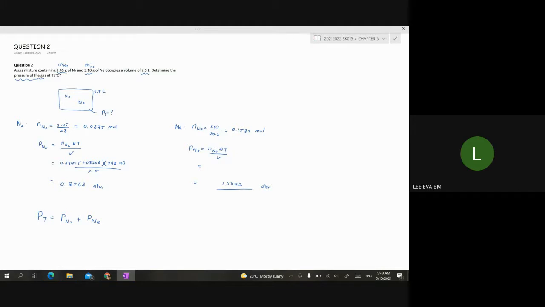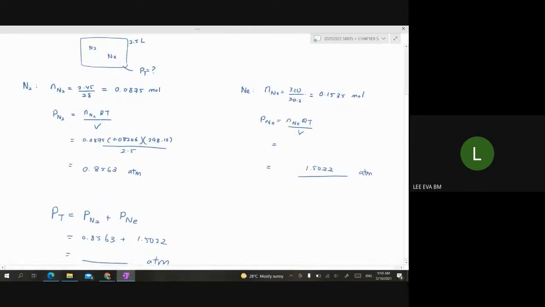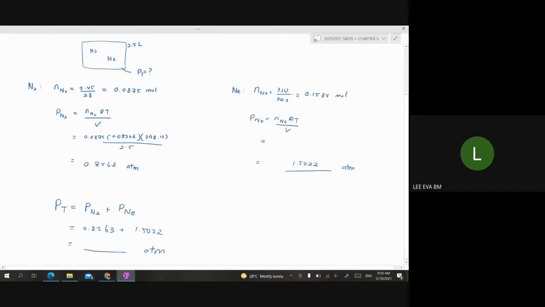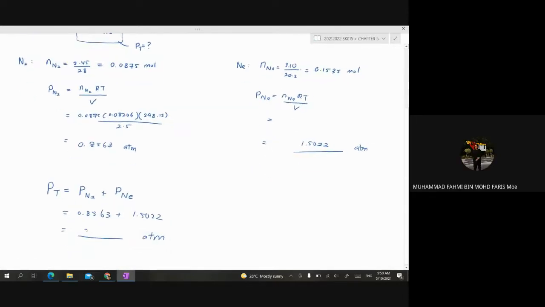After you have got the formula, you just add it up together. 1.5022 and then what is your total in atm? So add up together, 2.3585. Very good. Well done.